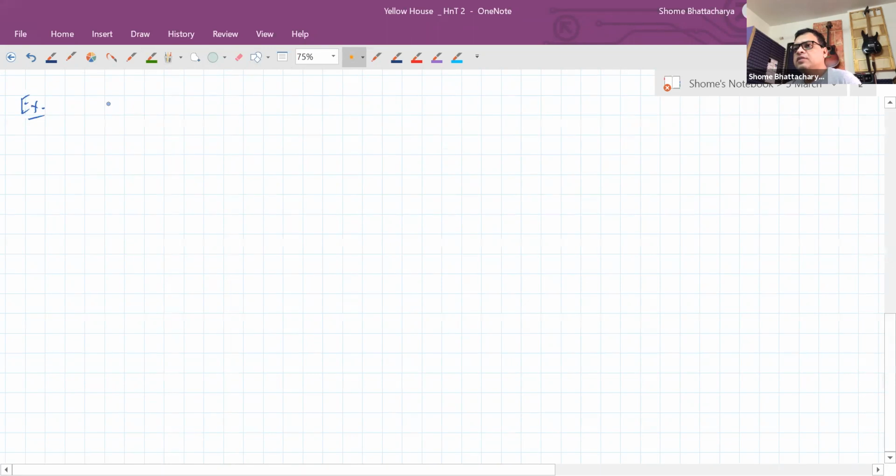So first of all, we have a metallic scale calibrated at a temperature of 5 degrees C, used to measure length.